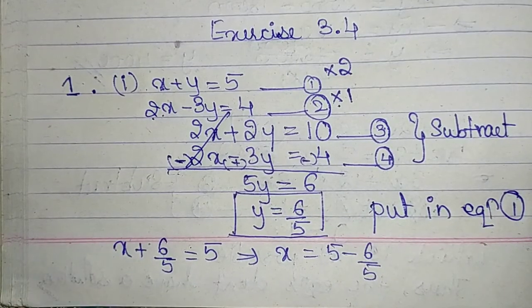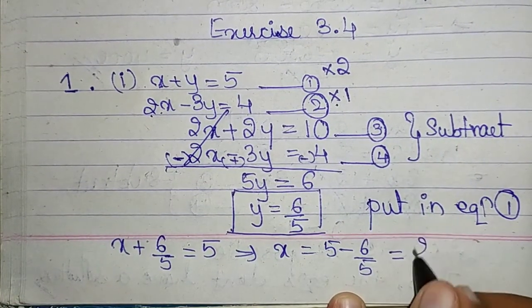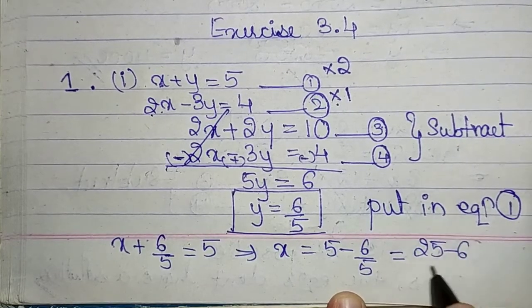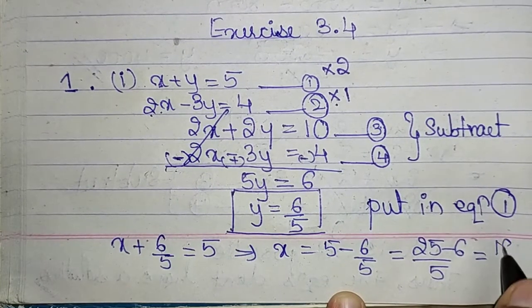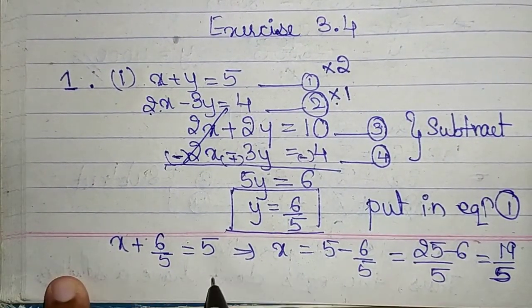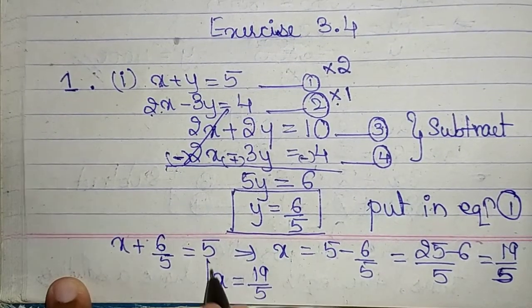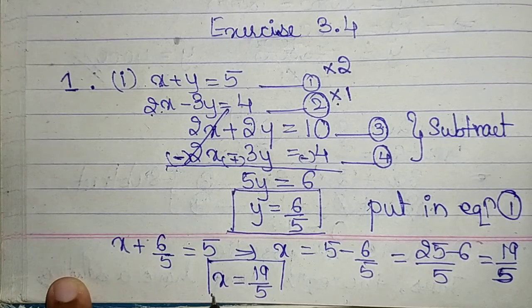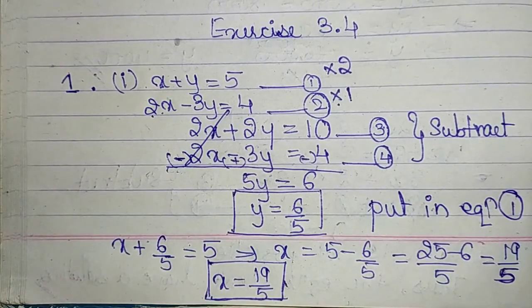Taking LCM, we'll get 5 fives are 25 minus 6 by 5, which is nothing but 19 by 5. So the value of x is equal to 19 by 5. So this is the required solution. y is equal to 6 by 5 and x is equal to 19 by 5.